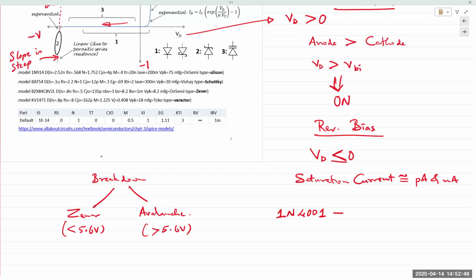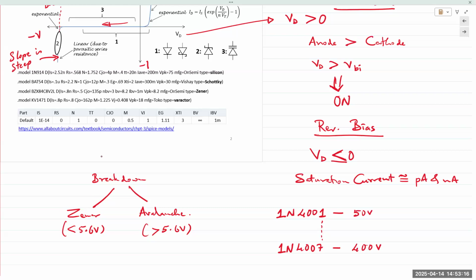The series goes all the way from 4001 to 4007. The difference is that as the number increases, the reverse voltage handling capability increases. So 1N4001 can handle up to 50 volts in reverse bias. 4007 can handle up to 400 volts in reverse bias.